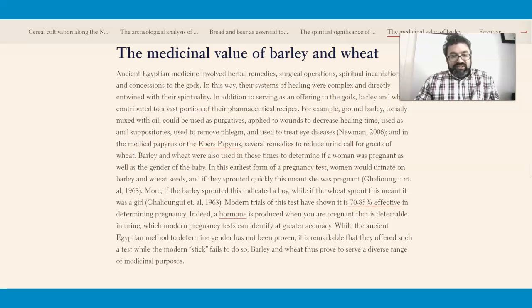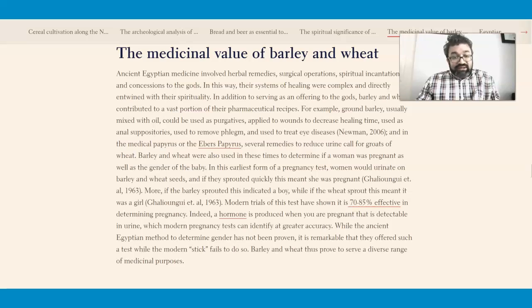Barley and wheat were also used during pregnancy, to determine gender, for a gender reveal. Also a pregnancy test: a woman would urinate on barley and wheat seeds.